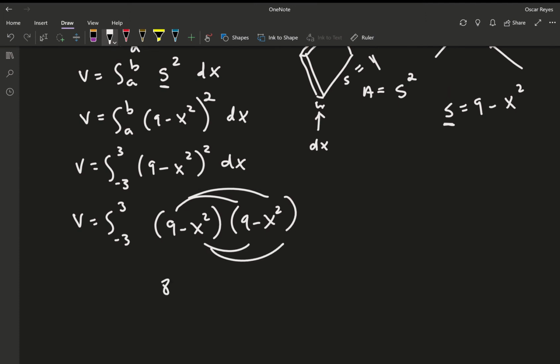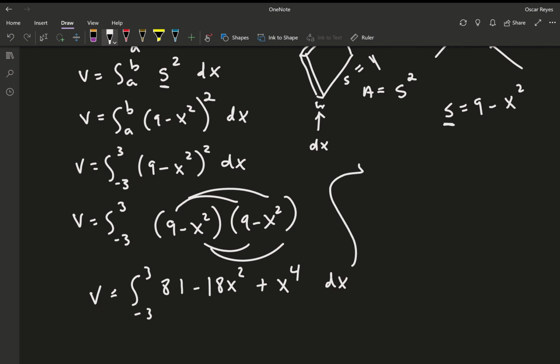Going to give us 81 minus 9x squared minus 9x squared. So it's going to be 18x squared plus x to the fourth. So our volume with the integral between -3 to 3 is going to be 81 minus 18x squared plus x to the fourth dx.